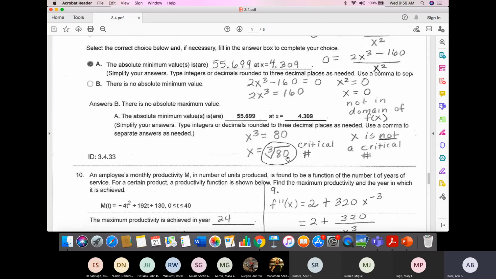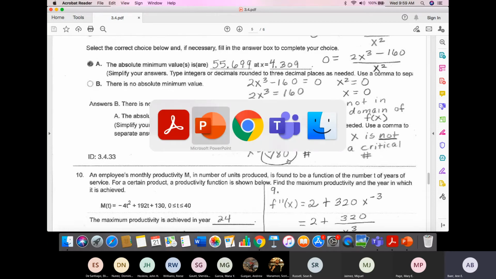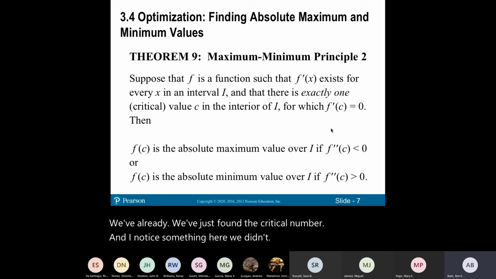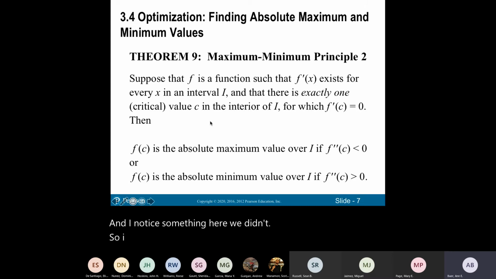Let's go back to our PowerPoint just to remind ourselves what we need to do as part of the process here. We've just found the critical number. We are just looking for that critical number where f prime of c is 0.